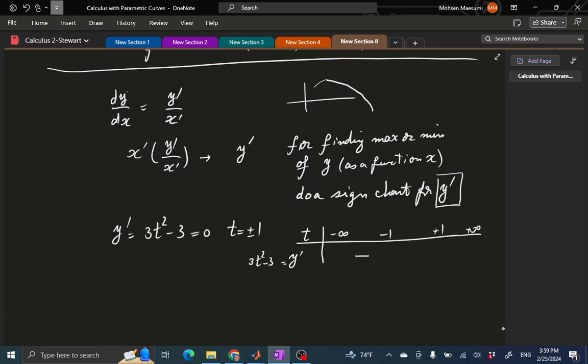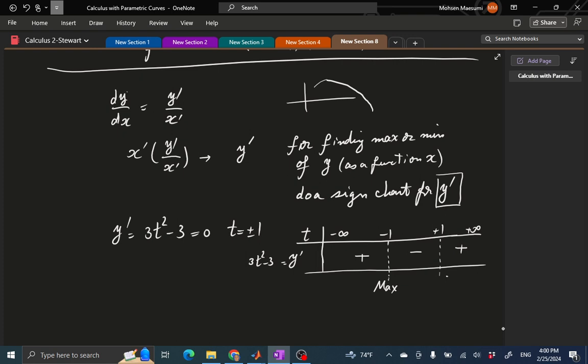Here it is positive, here it's negative, here it's positive. What does that mean? This means that we are going from positive to negative. Therefore, at this t, an up movement versus a down movement, this has to be a maximum point. And this one, from negative to positive, going down and then up, is going to be the minimum.